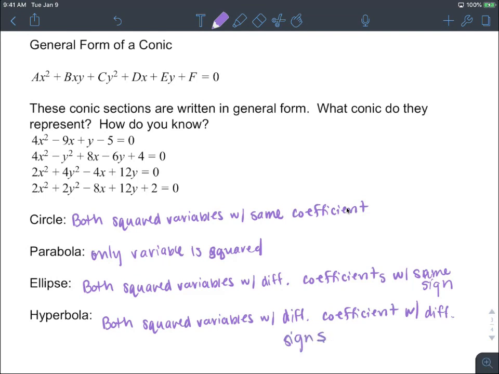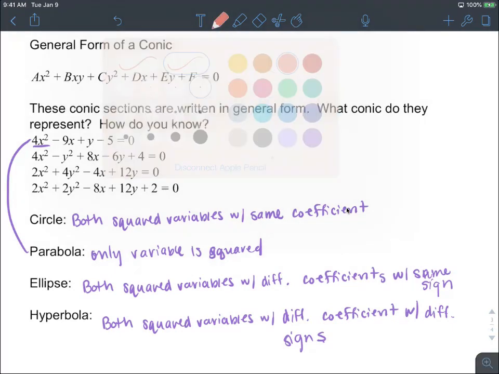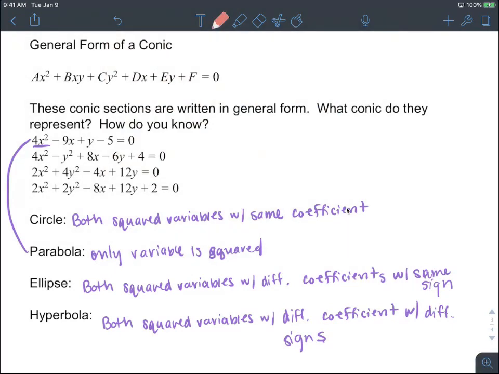Okay, so if I look up here, I can see which one goes with which. The first is a parabola because I only have an x squared represented. Okay, the next, I can see that I have an x squared and a y squared. They have different signs, different coefficients. That's a hyperbola. Next, I have x squared and y squared represented.